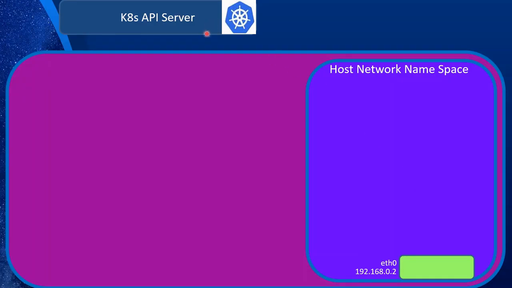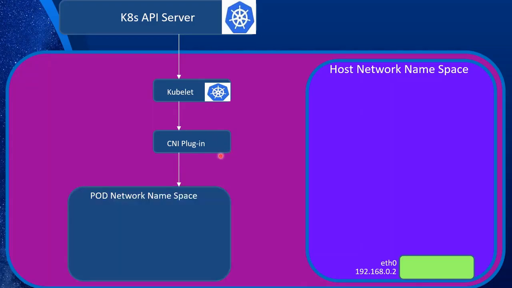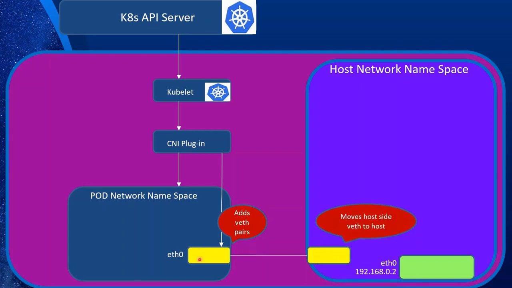Once we want to deploy a Kubernetes pod, the API server calls into the kubelet service. The kubelet service then calls into the CNI plugin, and that's where it creates a pod network namespace like the one we have here. Now the pod has its own namespace. Then it installs a virtual Ethernet interface that comes in pairs. One side of the pair is inside the namespace, and the other is created and attached to the host.